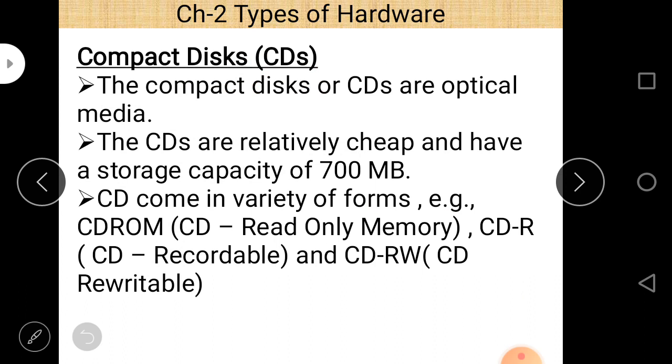And CD comes in a variety of forms, which is CD-ROM, CD read only memory, CDR, where R refers to recordable, and CDRW means CD rewritable.